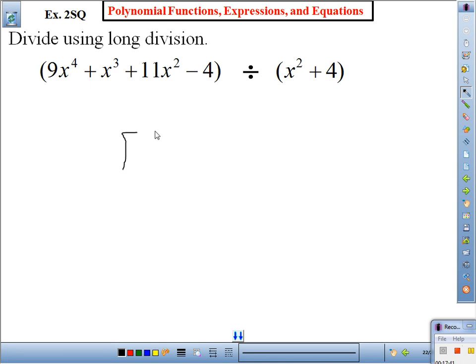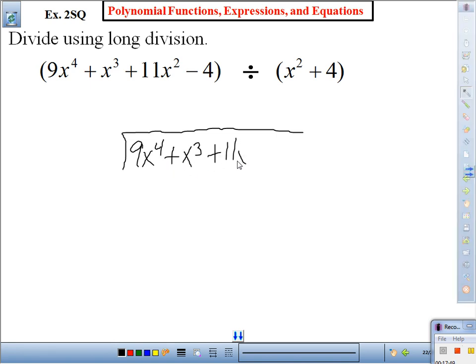Let's see if you set up the same way as I did. You should have written 9x to the 4th plus x cubed plus 11x squared plus 0x minus 4. Have you got that? Yeah. And then our divisor is x squared plus 4.